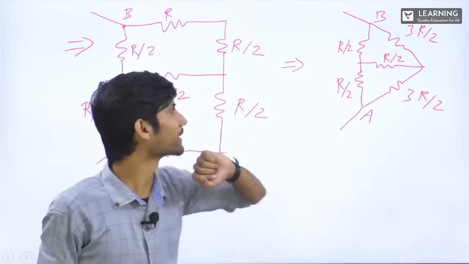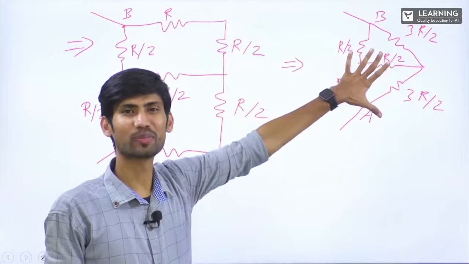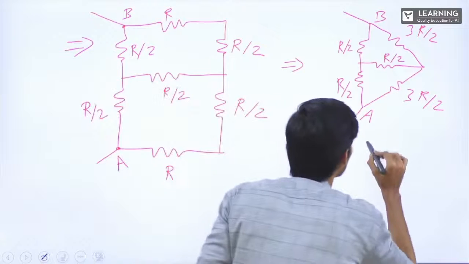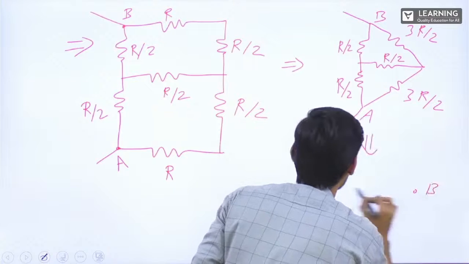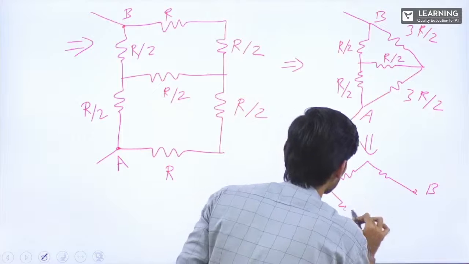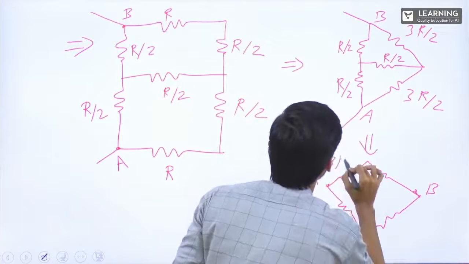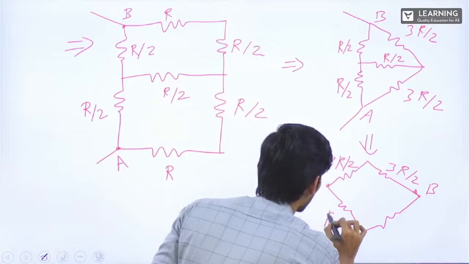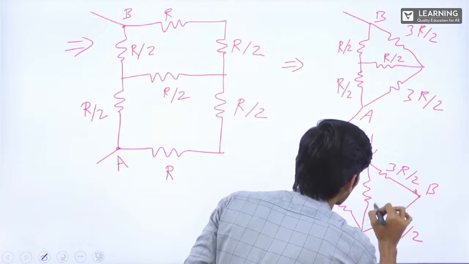See this particular circuit. Can you see a balanced Wheatstone bridge? Yes, right? Okay, let me make it simple for you. If I make this diagram like this, where A is here, B is here, this is 3R by 2, 3R by 2, 3R by 2, 3R by 2, R by 2, R by 2, this is R by 2.